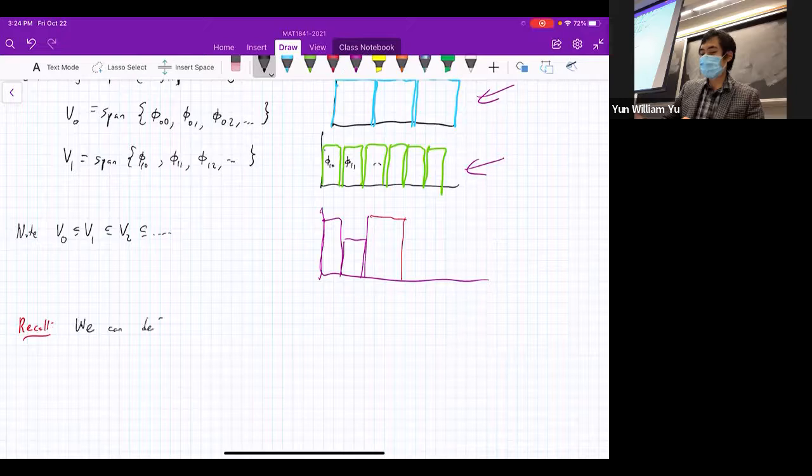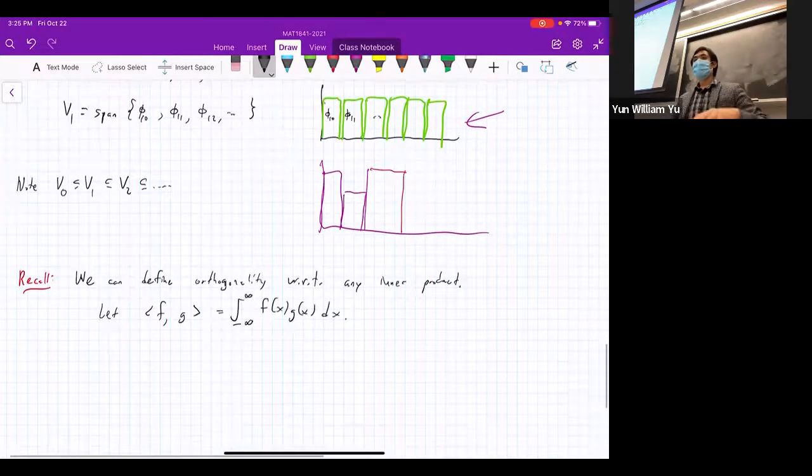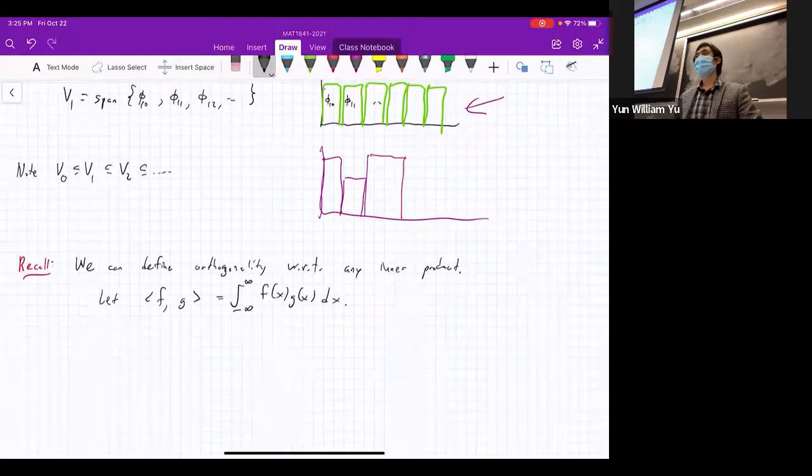We can define orthogonality with respect to any inner product, and we're just going to use a super standard one. The inner product of f and g is the integral from -∞ to ∞ of f(x) times g(x) dx. This is one of the standard ones on function spaces.